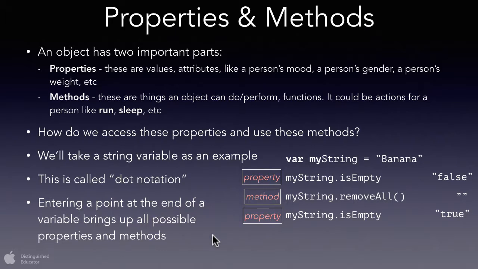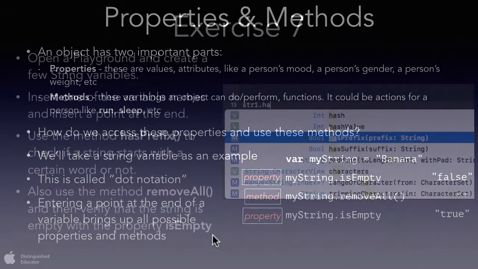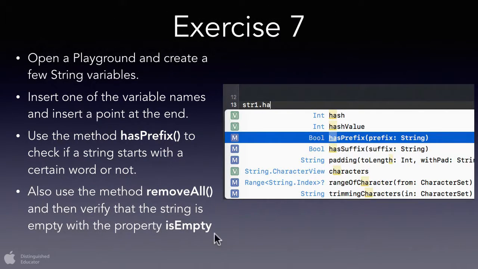Okay, so let's try this a bit in a simple exercise. So you could open a playground and create a few string variables and insert one of the variable names and insert a point at the end. Here you can use different methods like remove all or has prefix, which is actually a method that checks if a string, you can see it here, has prefix, and you add a string.